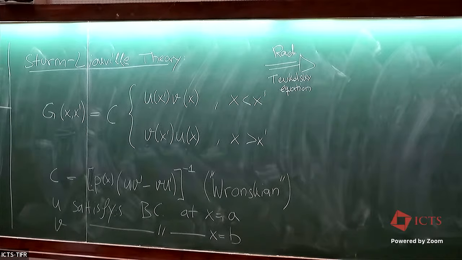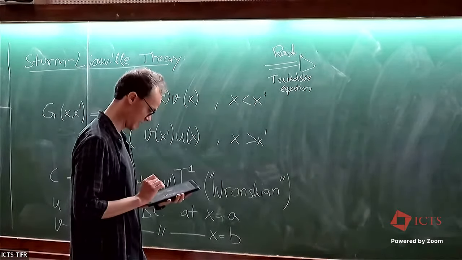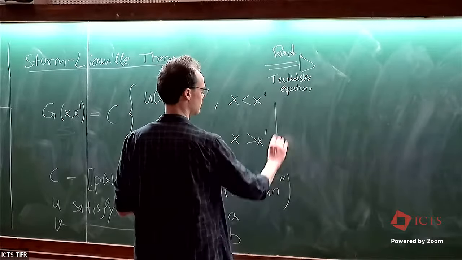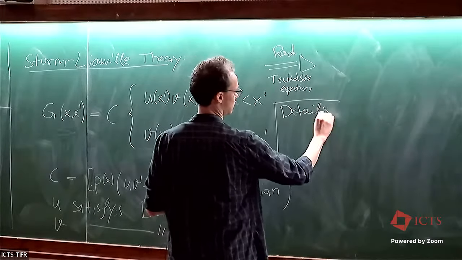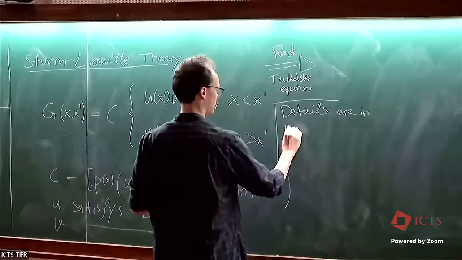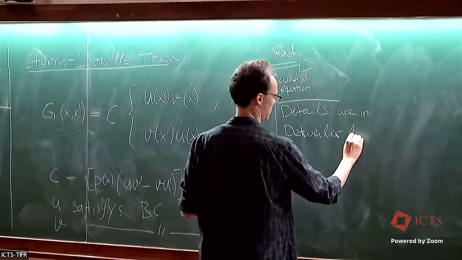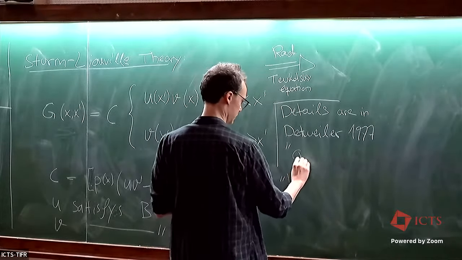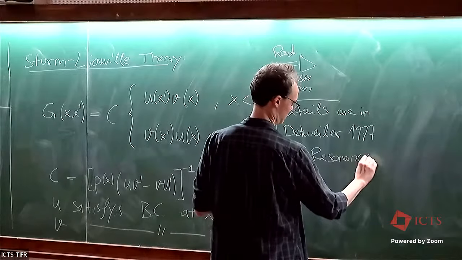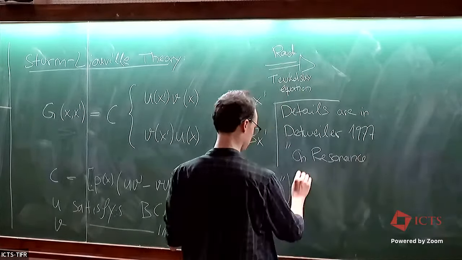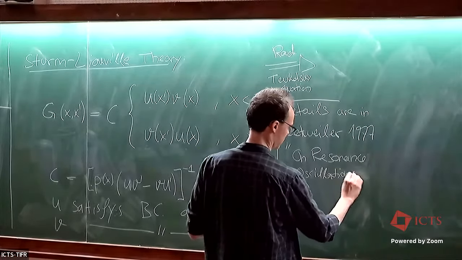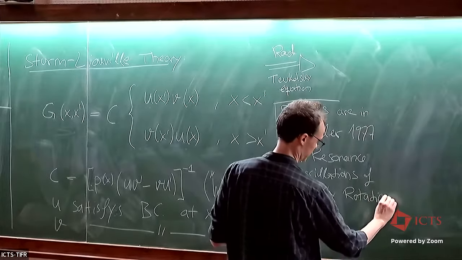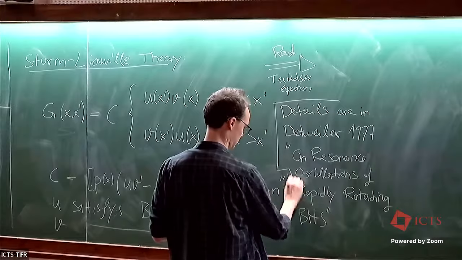And if you're interested in the details of how this Green's function is constructed in the case of the radial Teukolsky equation, then you can look at the details in, now this is an old paper, but I think it's actually quite easy to read, on resonance oscillations of rapidly rotating black holes.